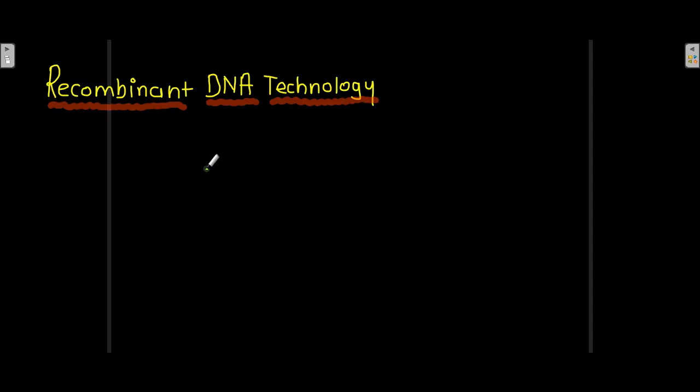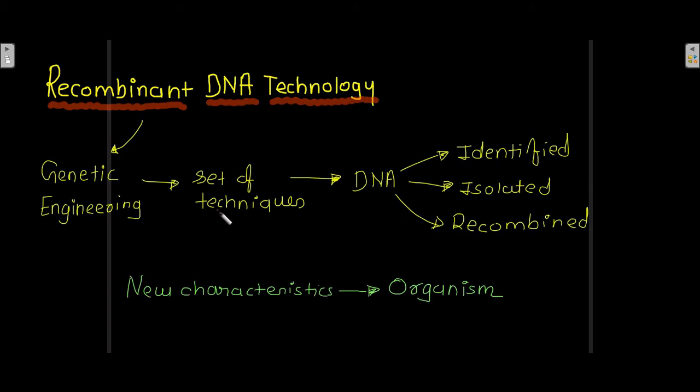Recombinant DNA technology. Now, this recombinant DNA technology, also known as genetic engineering, is a set of techniques which enable us to isolate, identify and recombine DNA from various sources so that we can introduce new characteristics in an organism.